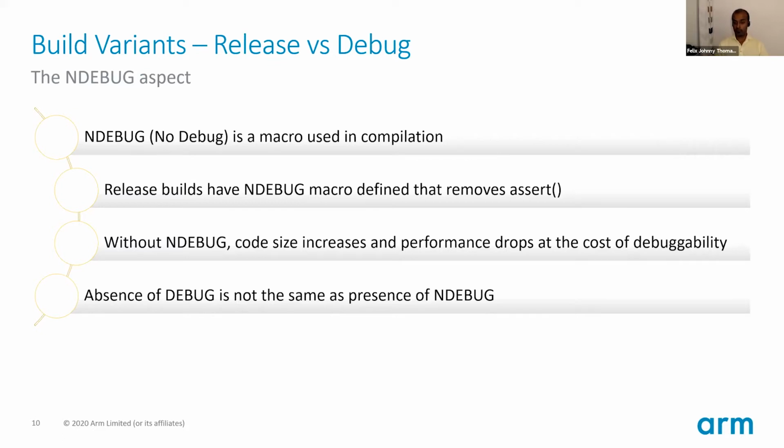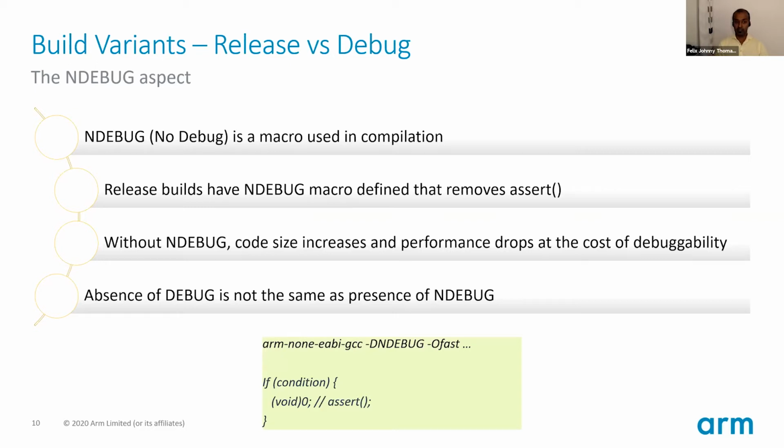It stands for no debug. Release builds have NDEBUG defined, which removes the assert. It sounds like an innocent one-liner change, but behind the assert is a conditional statement. And when you throw a conditional statement in a loop which is executed multiple times, you do see a big drop in performance.